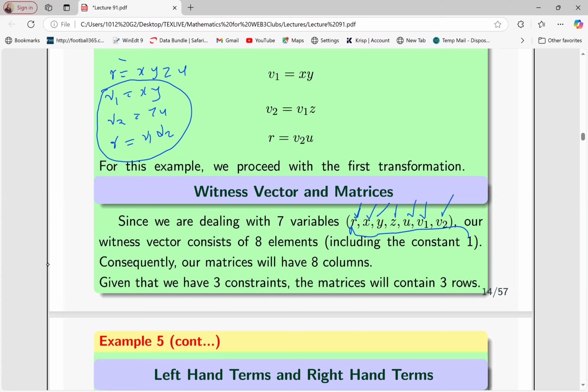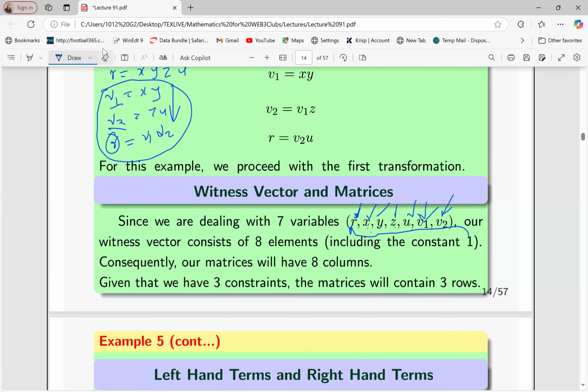The witness, therefore, will be 1, R, X, and look at the order in which they are coming. 1 comes first, then the output R follows. Then after that, we have the X, Y, Z, U. Then from there, you just come down, moving down. You had your V1, and then you had your V2, the intermediate values.